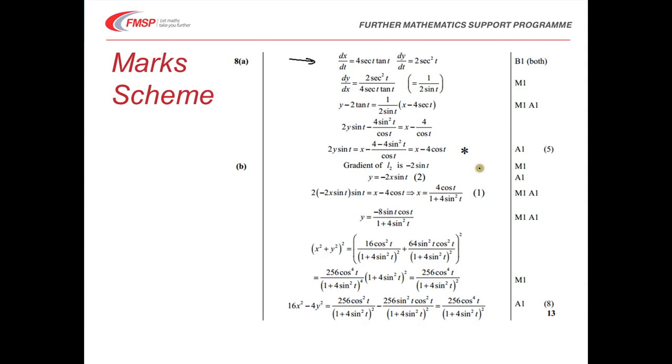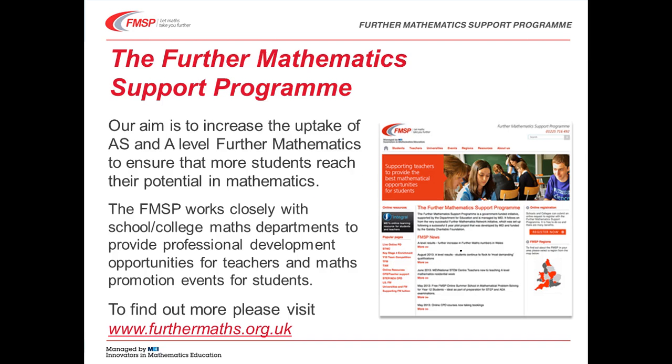There's a method mark and an accuracy mark for getting the equation of the line perpendicular to that through the origin, using the fact that you get the negative reciprocal as the gradient, and then intersecting those two lines, getting values for x and y, 4 marks for that, and then showing that we have the correct parameterization. There's a couple of marks there for this algebra and the use of these identities at the end to show that they're the same. I hope that was useful.